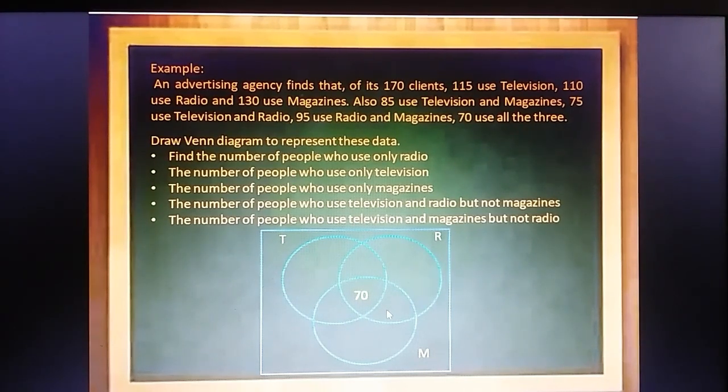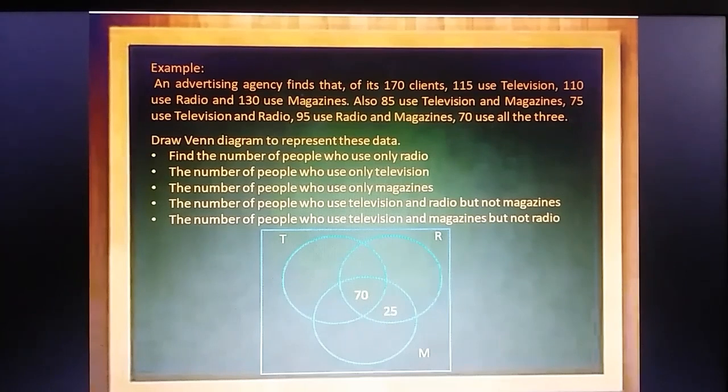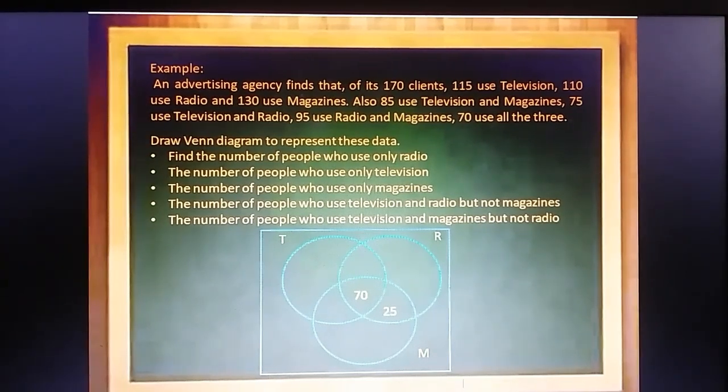So, isusulat natin dito ay 25. Bakit 25? Ang sabi dito is 95. 70 plus 25 is 95. So, kung meron na tayo ditong unang nilagay ng 70, babawas natin yung 95 with 70, so we have only 25 left.